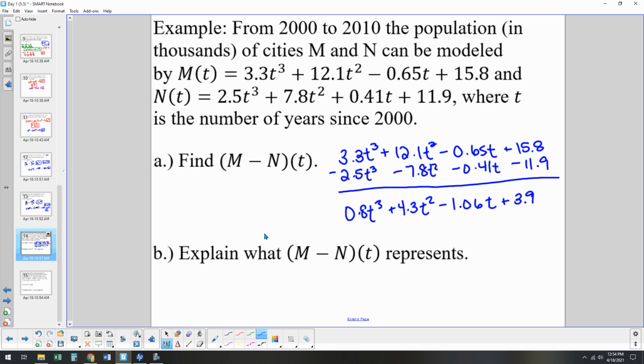So what it represents is how many more people live in M than N. All right, and you could say between 2000 and 2010 or whatever it is you like, but that's what it represents. The difference in the number of people that live between the cities, and M had more because it came first.